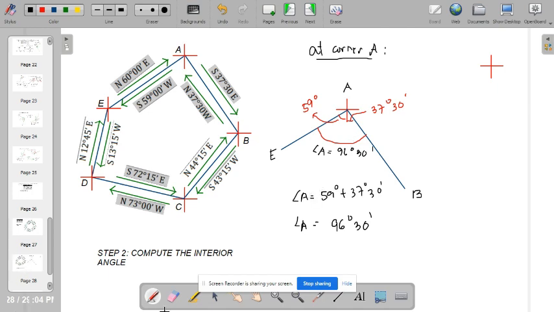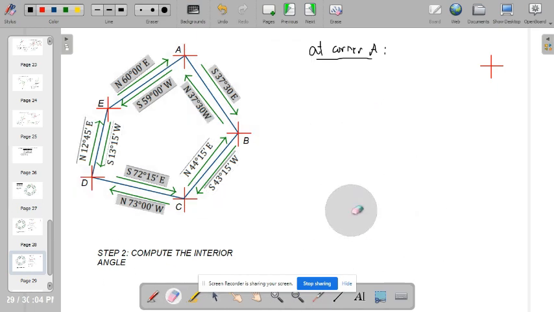Okay, so next, let's go to angle B. So corner B is this point. So we draw the line which is 37 degrees 30 minutes northwest. So if this is 45, it will be something here. And then southwest is 43 degrees.